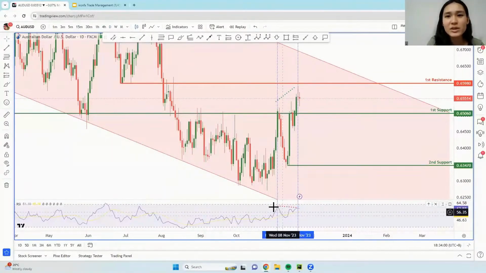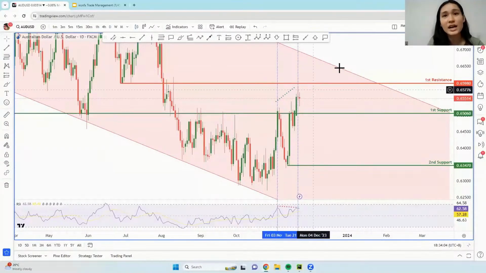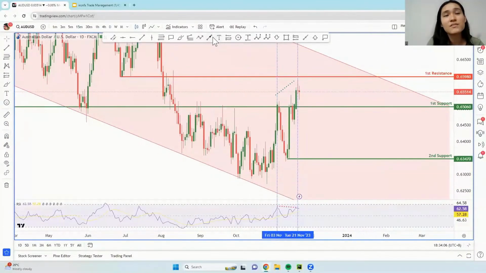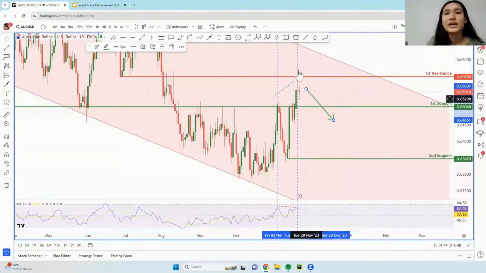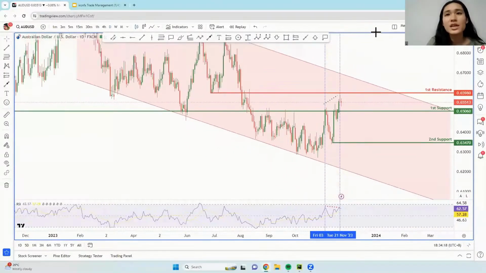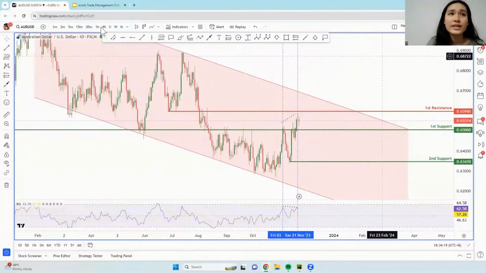So this is basically what it means. You can see it's making a lower high, whereas here it's making a higher high. So this is basically a sign, I guess, that price is likely to drop from here. And we can kind of see it already dropping. Okay, that's all for daily time frame.